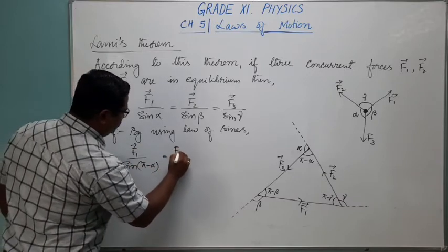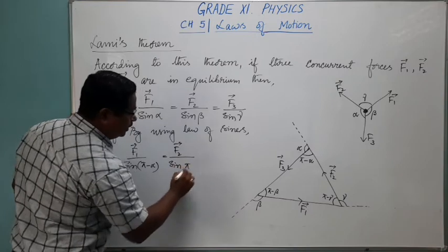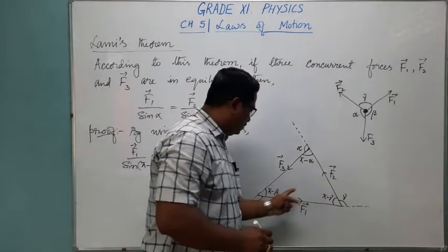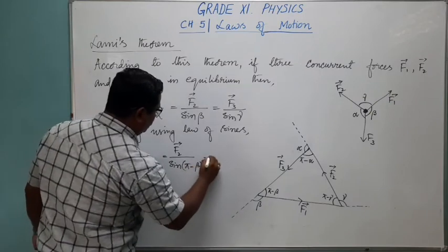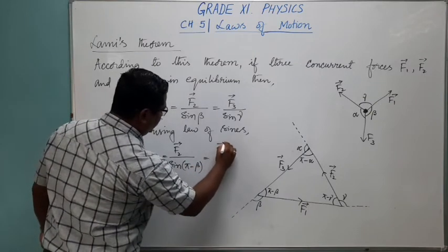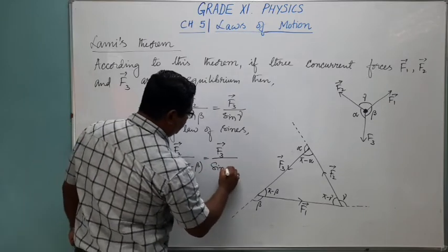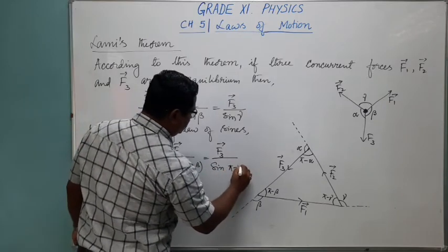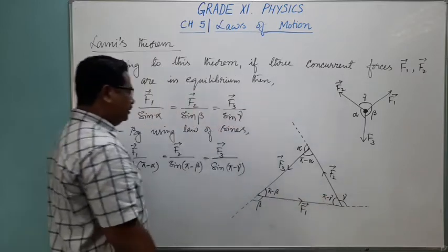F2 divided by sine of the angle opposite F2, which is pi minus beta. Opposite of F3, you have the angle pi minus gamma, sine pi minus gamma.